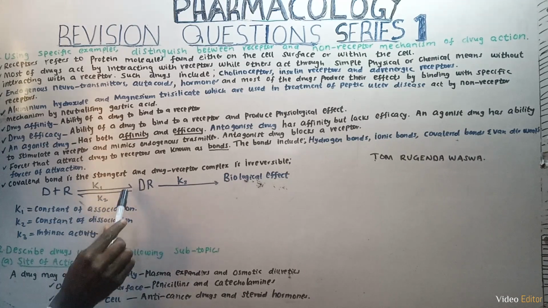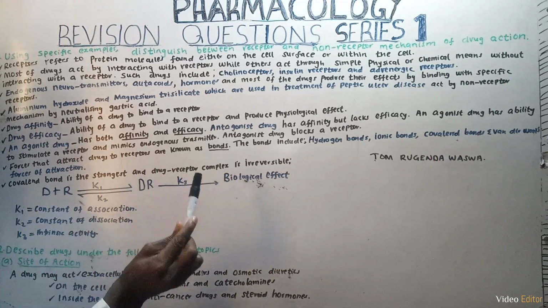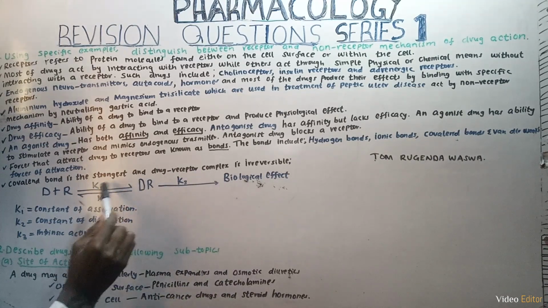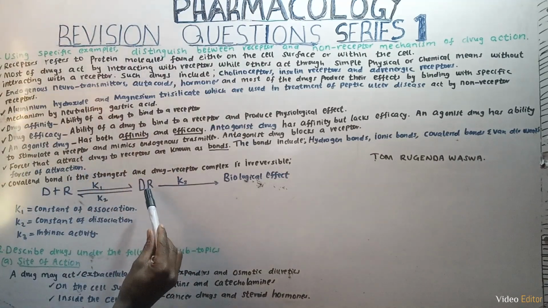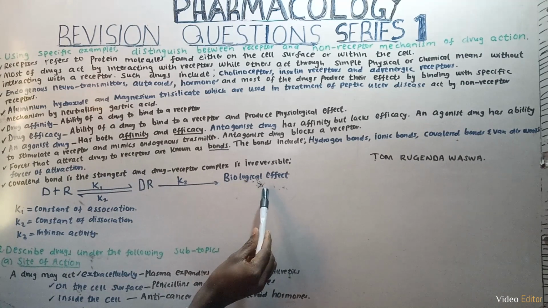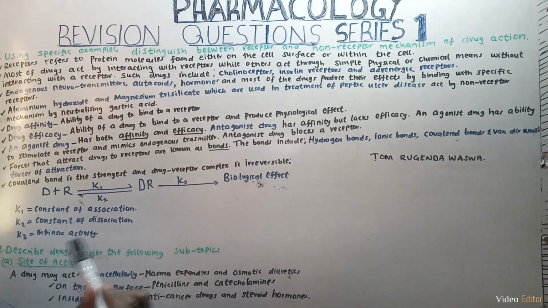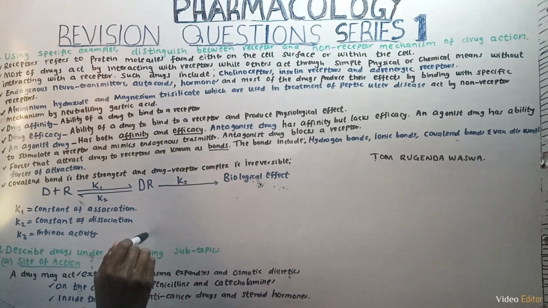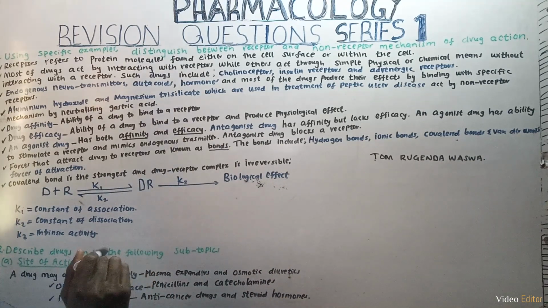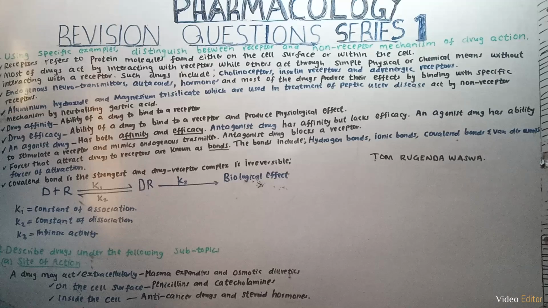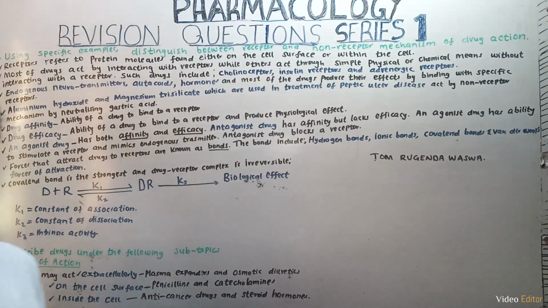The forces that bring about this are the other three bonds other than covalent bond. Then if a drug receptor complex brings about biological effect which is not reversible, that is known as intrinsic activity. Very, very important.